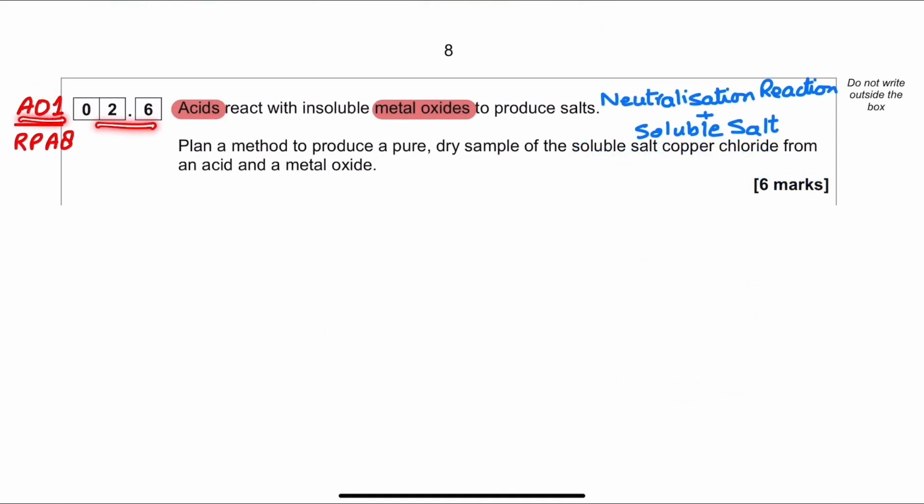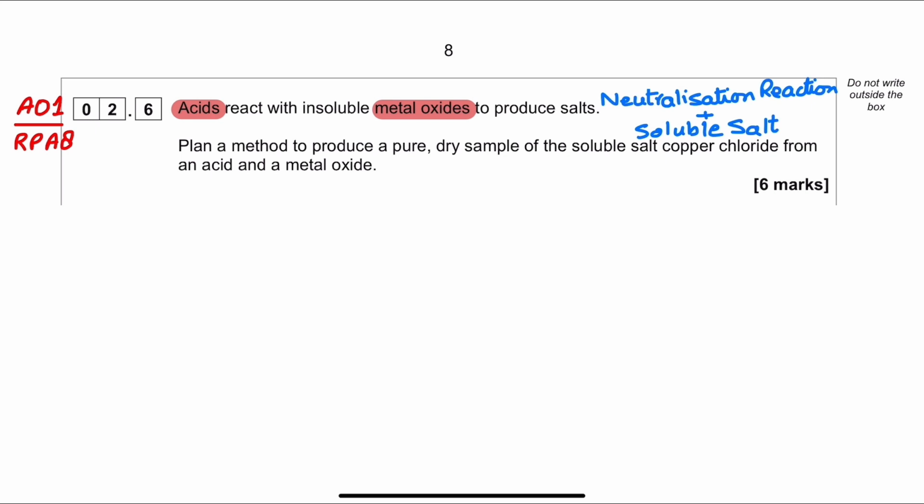2.6 is an AO1 question, and it is from the required practical activity number 8. Acid reacts with insoluble metal oxides to produce salts. Insoluble metal oxides mean bases. So acid reacts with bases to form salt, and this question is from the neutralization reaction and soluble salts.